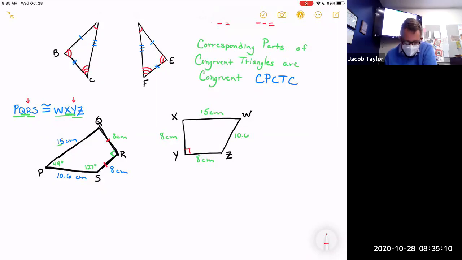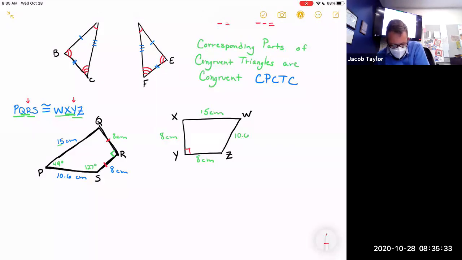PQR and YXW are congruent. Yes, Ellie says PQR and YXW are congruent, but we don't know how big PQR is. They are congruent, but we don't know what they are yet.